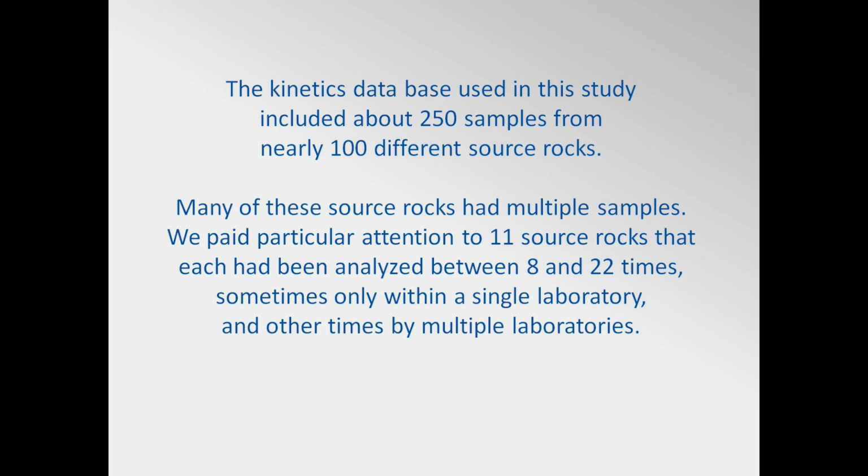However, many of these source rocks had multiple samples. We paid particular attention to 11 source rocks that each had been analyzed between 8 and 22 times in publications, sometimes only within a single laboratory and other times by multiple laboratories.